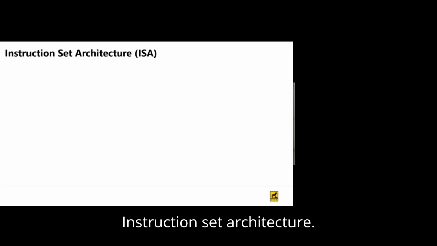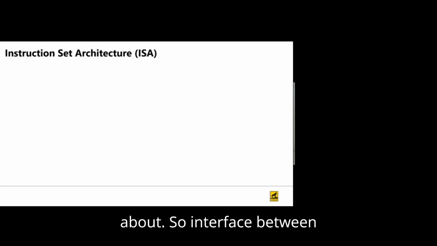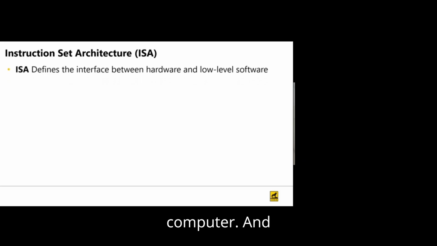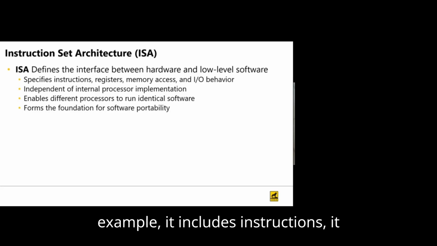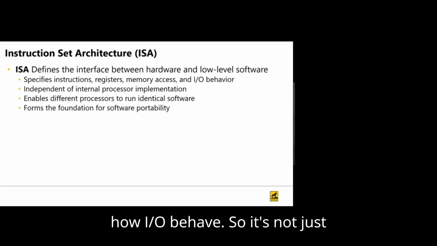Instruction set architecture. That's the interface that we are talking about. So the interface between hardware and low-level software. So that's called ISA, instruction set architecture, and it has some characteristics. For example, it includes instructions, it includes registers, it includes memory access, how I/O behaves.